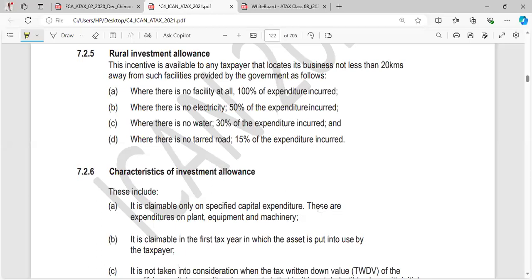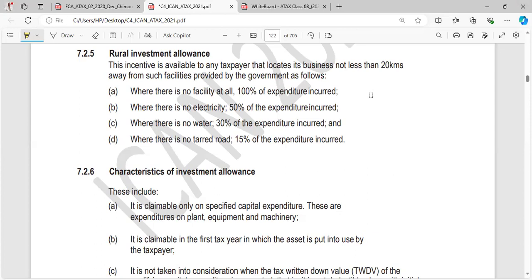So when there is no facility at all, that means there is no electricity, there is no water, there is no tarred road, you take 100% of the expenditure incurred as rural investment allowance.